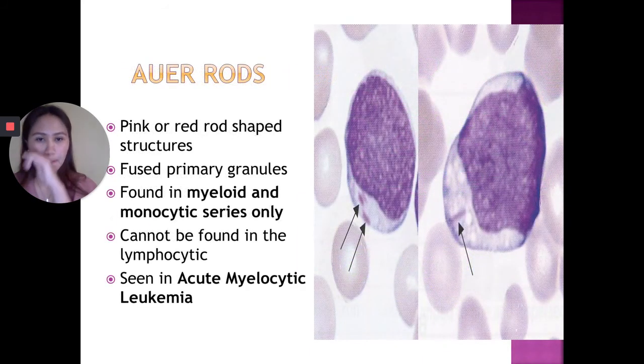Next we have our rods. As you can see here, these in the cytoplasm area are our rods, small rods in the cytoplasm of your WBC.